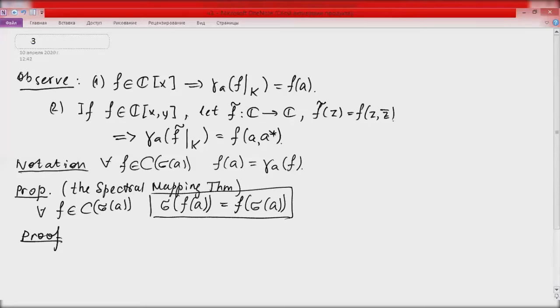Well, okay. So what is sigma of f of A? Well, f of A is gamma of f.